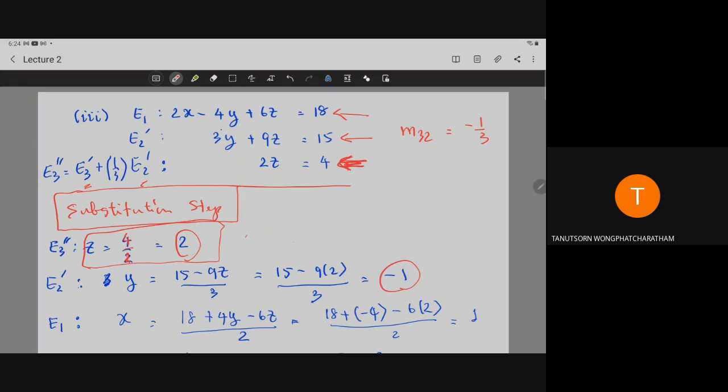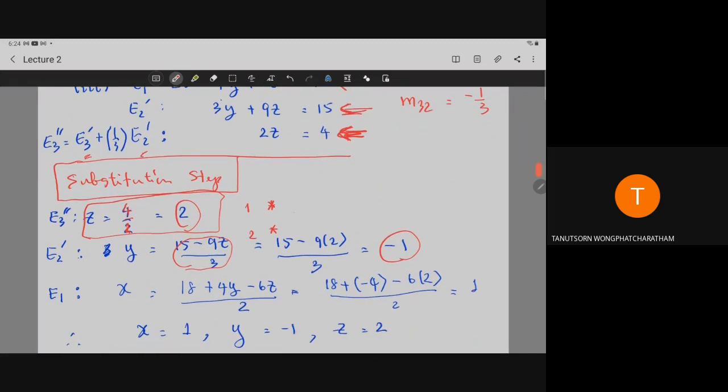So here we have 1 time of multiplication. And then for the second equation we have 2 times of multiplications. And then for the last equation, we have 3 times.